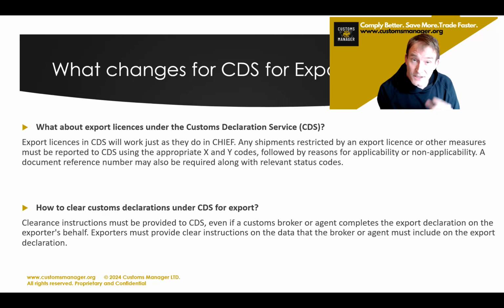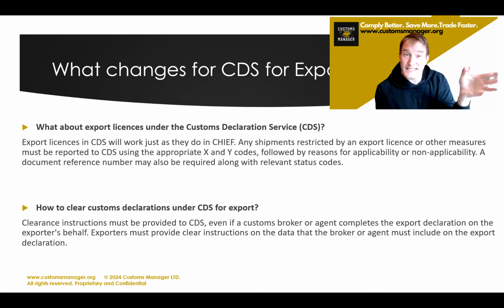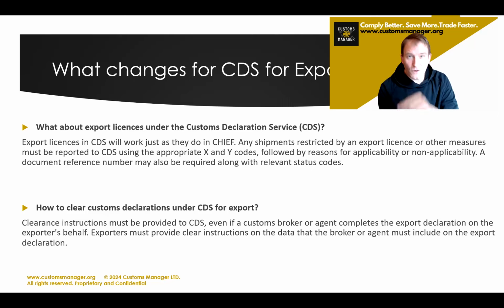You may also need the document reference number. That could be your invoice, or actually it would most likely be your license, the license number. In some cases, you don't need that, where you code Y codes, for example, because you're saying you don't need a license. So if you don't need a license, you can't provide a document. If you do need a license, X code, then most likely you have to put the license number into the box, followed by a reason if the system requires.